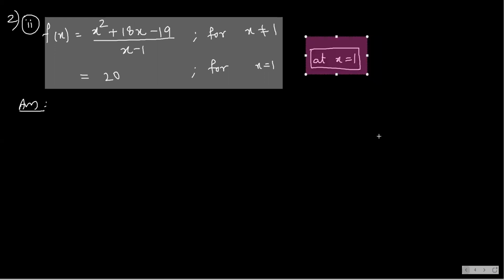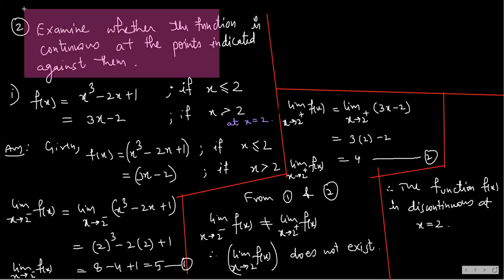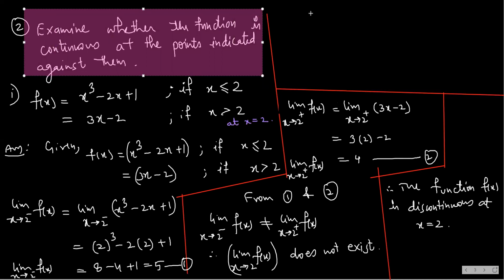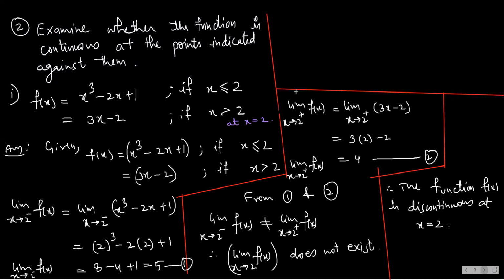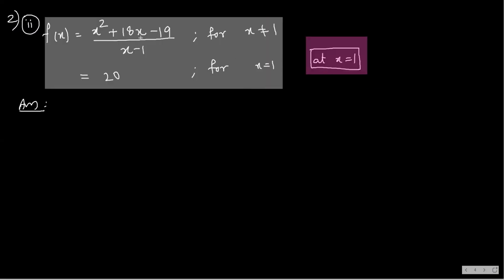The question is still the same. This is the main question. Examine whether the function is continuous at the points indicated against them. So what is the point here indicated against this function? x equals to 1. I have to examine continuity at x equals to 1. How will I examine? Remember, I examine the continuity by definition.